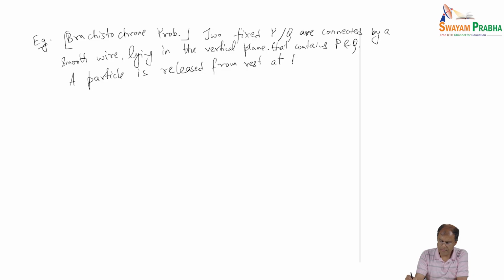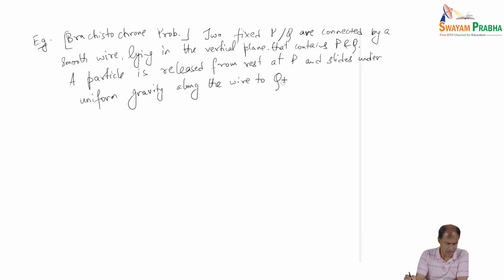A particle is released from rest at P and slides under uniform gravity along the wire to Q. Okay.